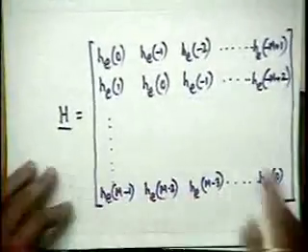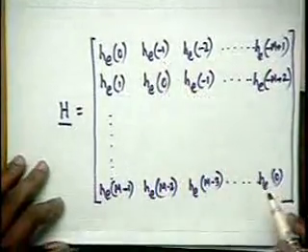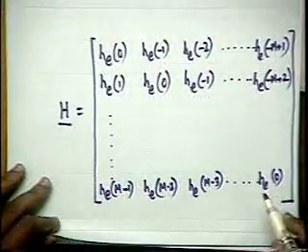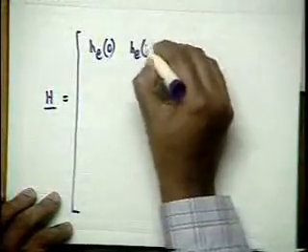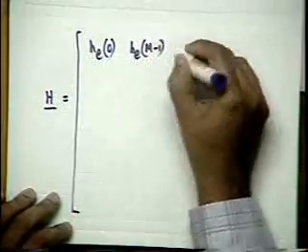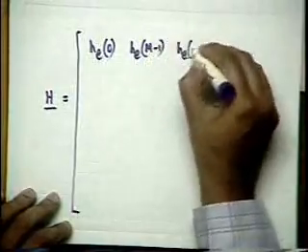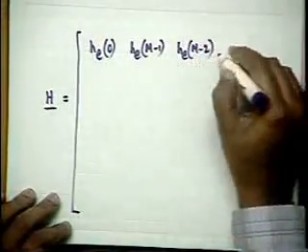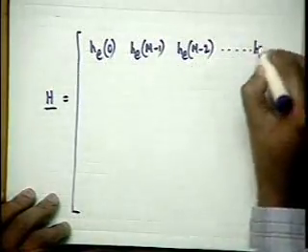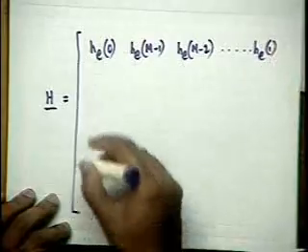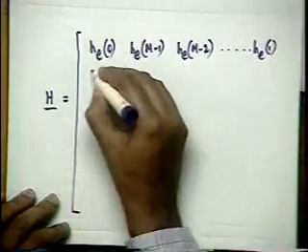The next element was h_e(-1). What can I write for that? h_e(M-1), by making use of the periodic property. Then h_e(M-2), and the last element h_e(1). Very good. What is the next element? What is the next row?